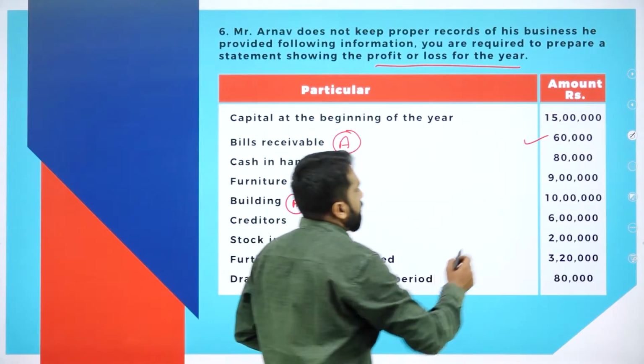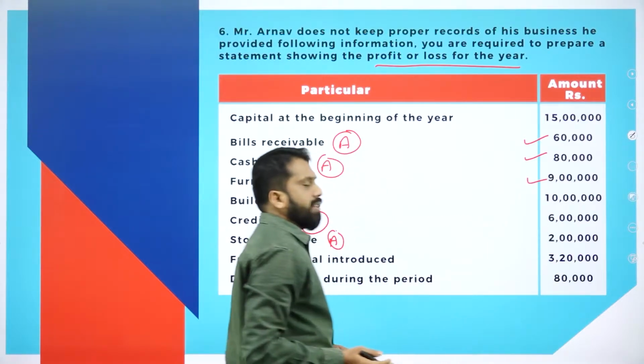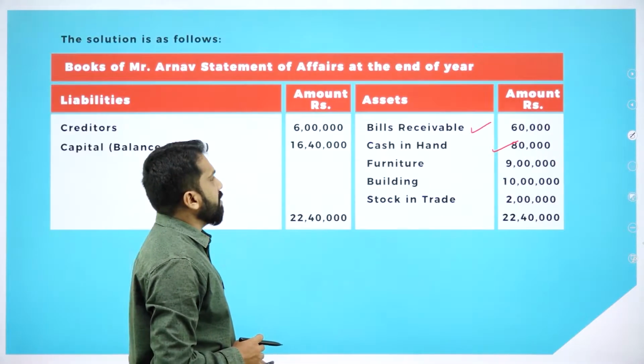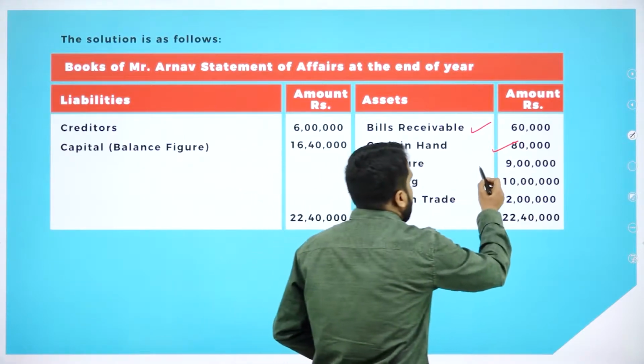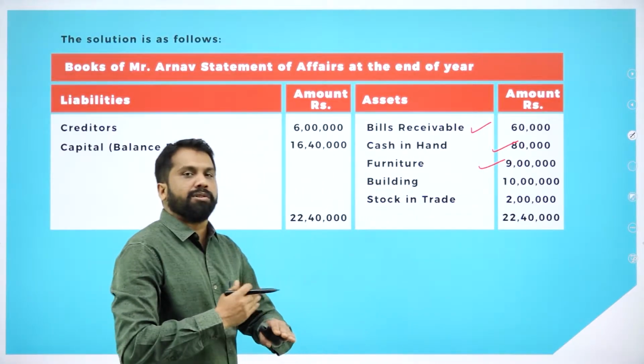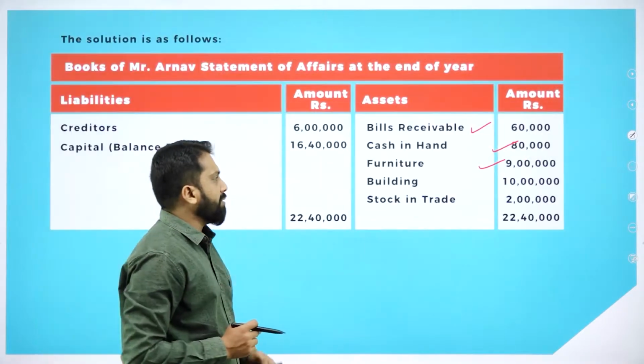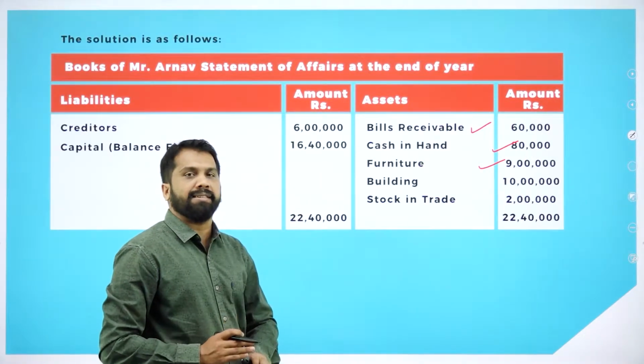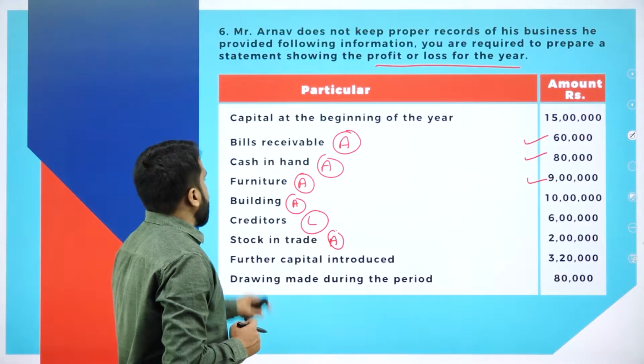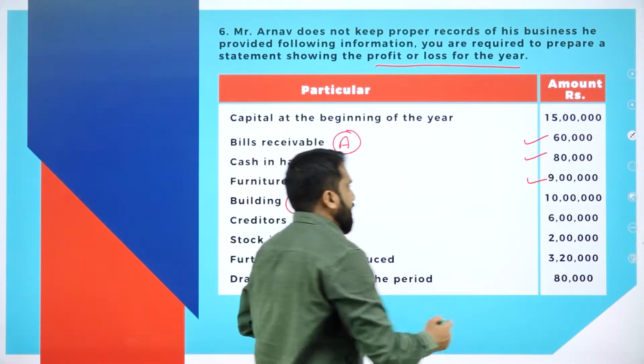Furniture is 9 lakh. So I'll go back to your answer. Furniture is 9 lakh. Clear? So copy, paste. As I mentioned, furniture is an asset, so we have taken it under the asset side. Clear? Yes. Now, building is how much? 10 lakh.